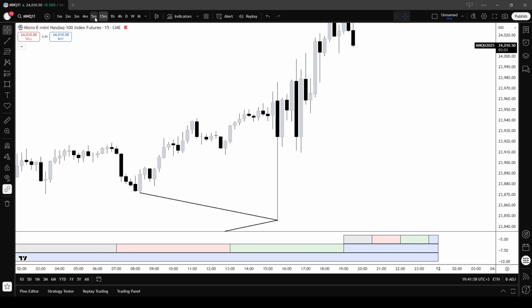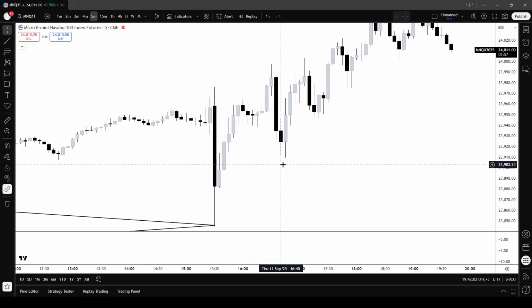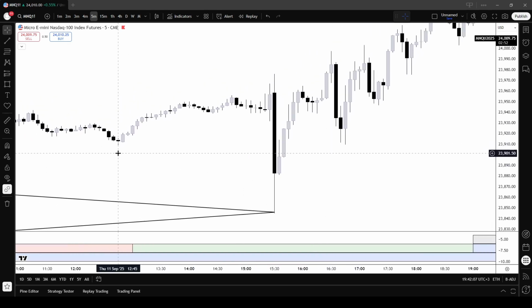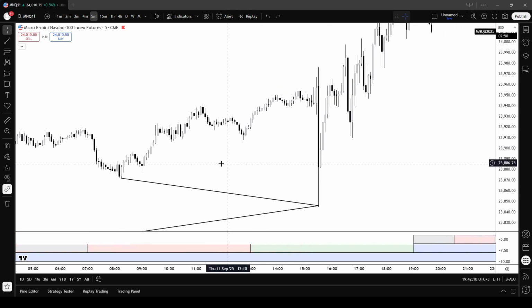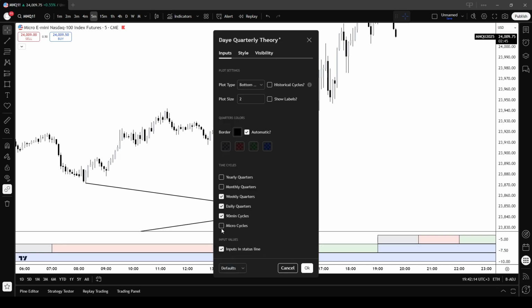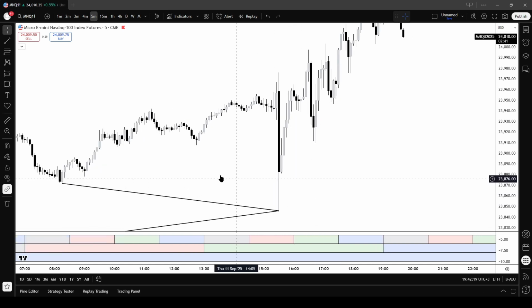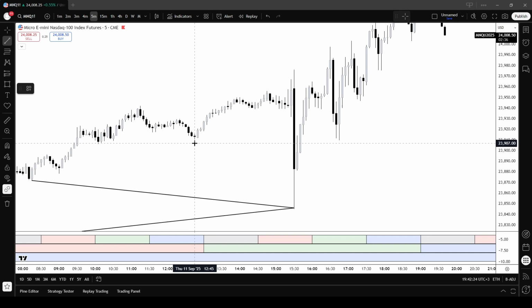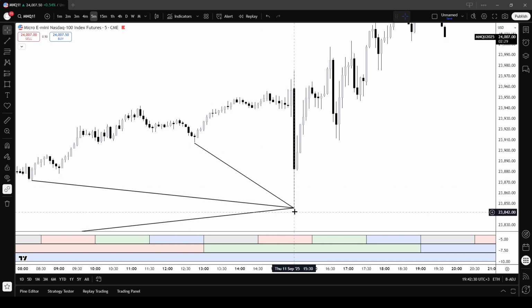Okay, let's go into the lower time frames. On the lower time frames, let me turn on the 90 minutes. As you can see here, we had another SMT between London Q4 and New York Q2.